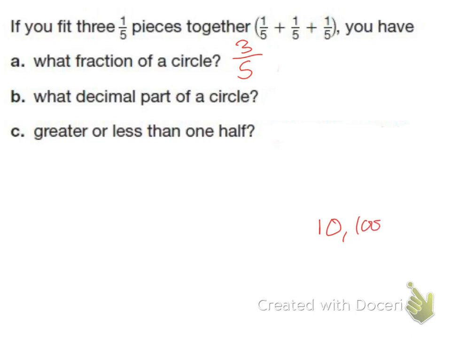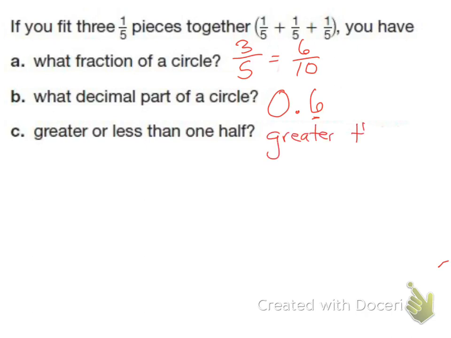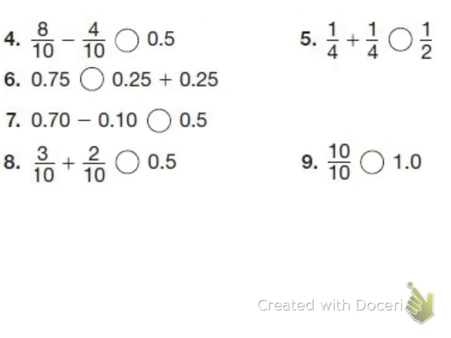So 3/5 is the same as 6/10, and the decimal would be 0.6. Is that greater than or less than 1/2? 0.6 is greater than 0.5, which is 1/2. So this is going to be greater than.